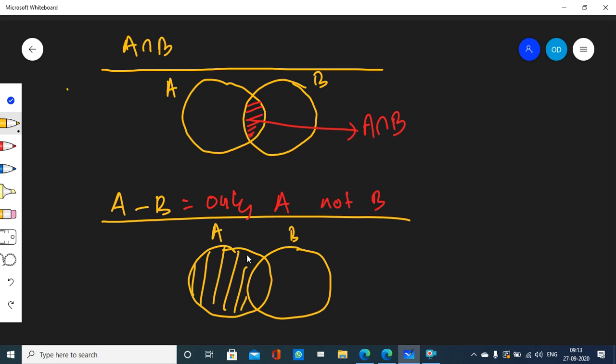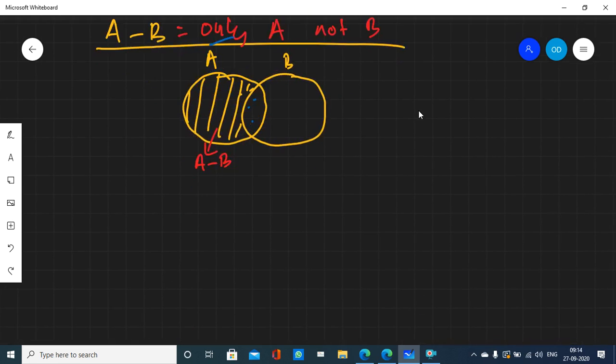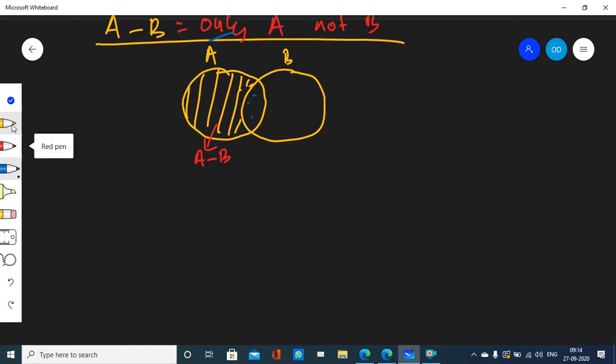These elements of set A, they belong to A only, okay? They have nothing to do with set B, okay? But you see, these elements, okay, even though they belong to A, also they belong to B. So we are only interested in those elements which belong to A only, not B. That is why this is A minus B.